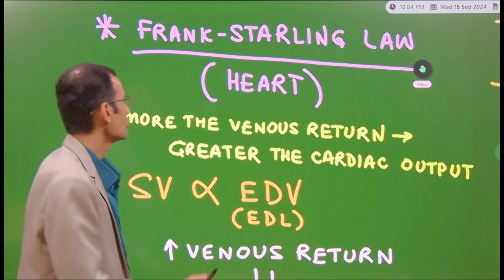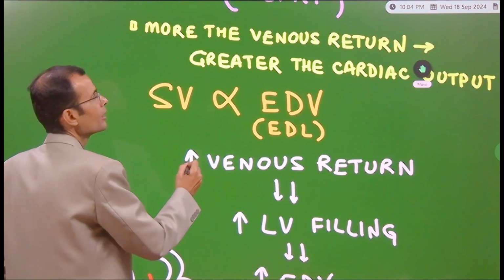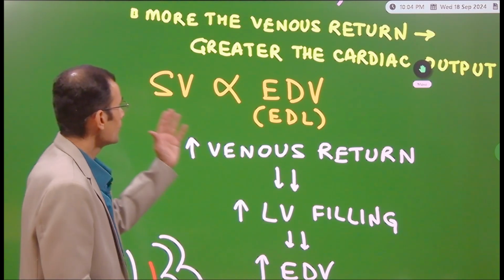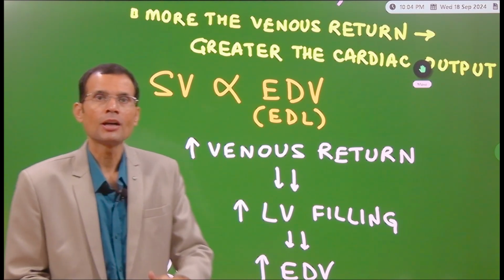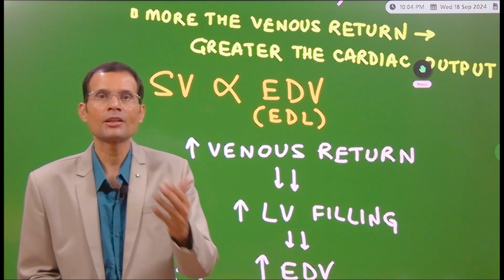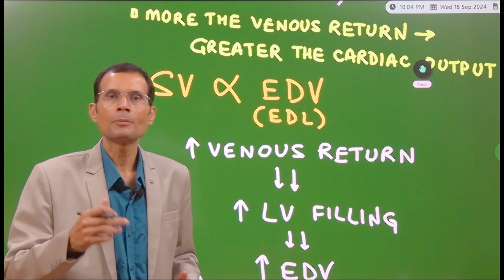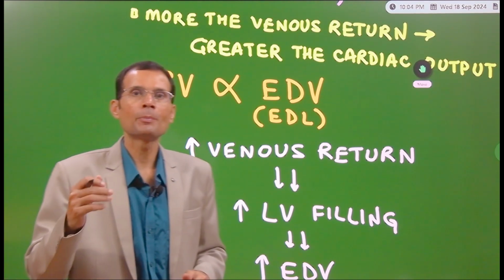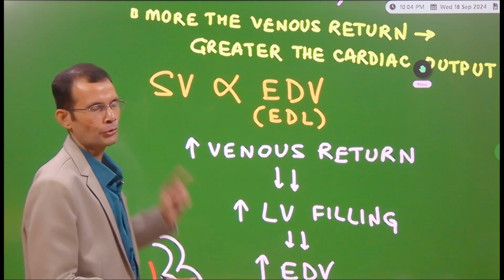All right. So let's understand this Frank-Starling law. Cardiac output I'm mentioning as the blood ejected out by the left ventricle per minute, and in single beat the blood ejected out is the stroke volume.